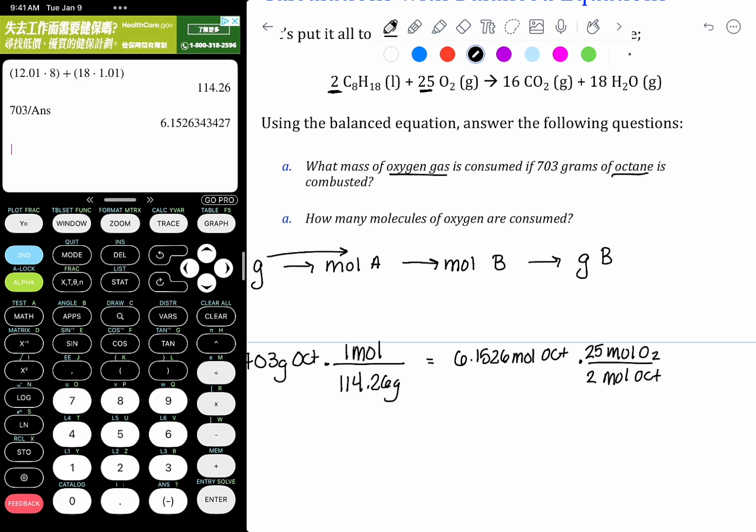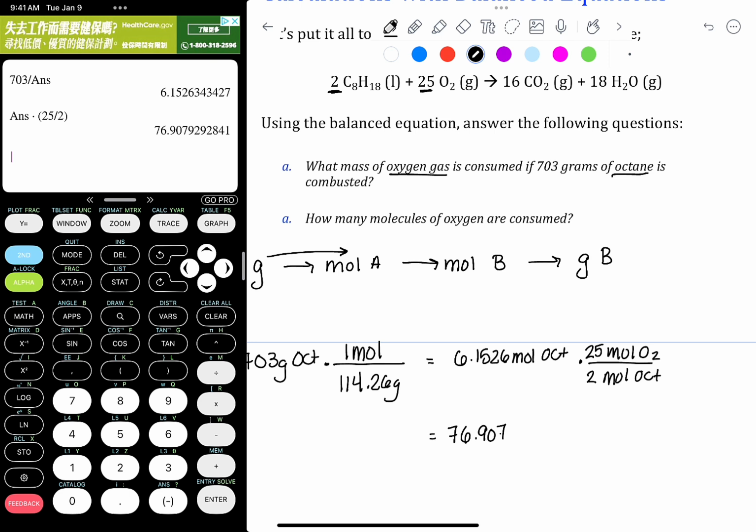So we're going to take that 6.15, multiply it by that ratio, 25 over 2, and we get 76.9079, oops, not grams, moles of O2.